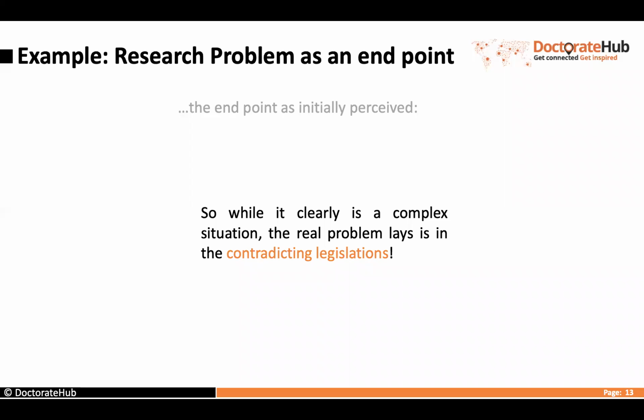Wherever I look, I find information that is not adding up. So at the end of the journey, it's clear why. The legal framework has been looked at and the contradicting laws have been worked out. So this is the end point of the research, and based upon that, the behavior can now be changed.